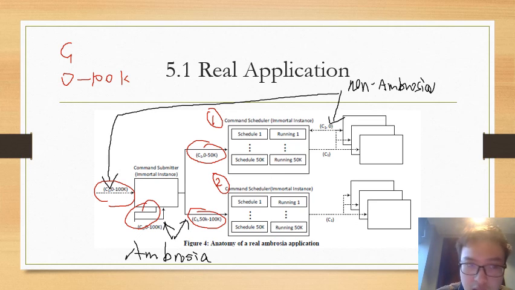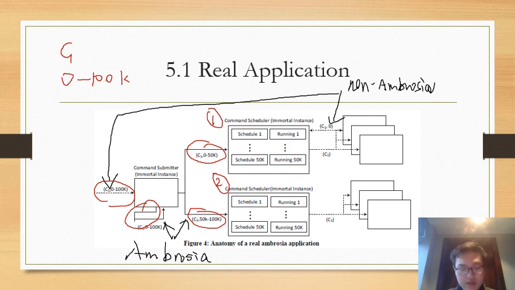The first part is to execute command C1 on the machines 0 through 50 kilo, and the second is to execute the command C1 on the machines 50 kilo to 100 kilo.